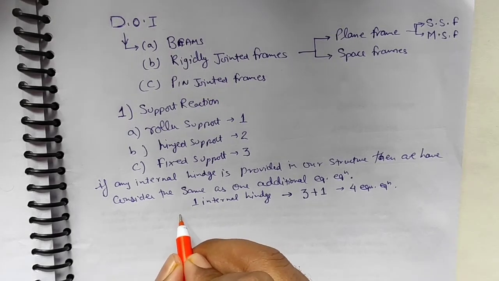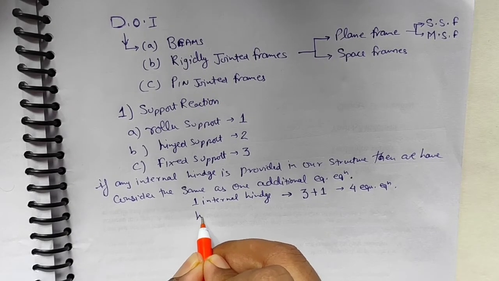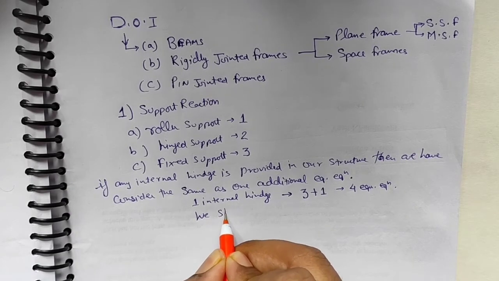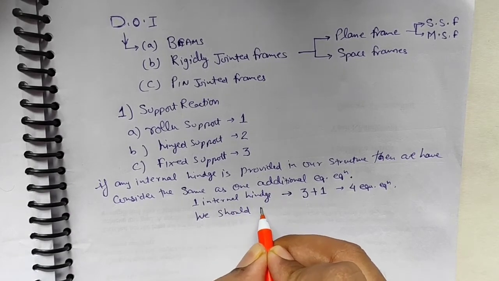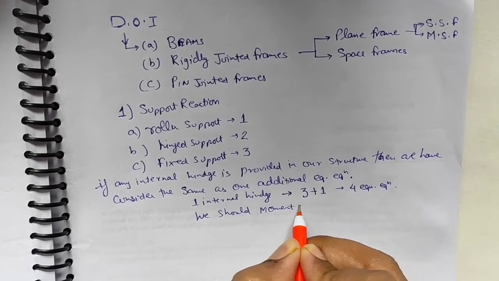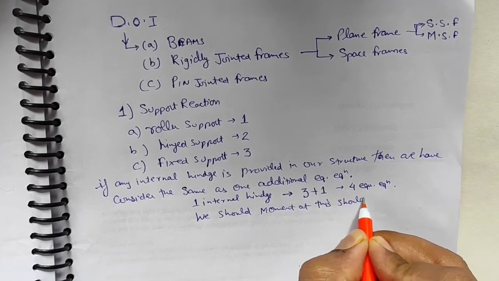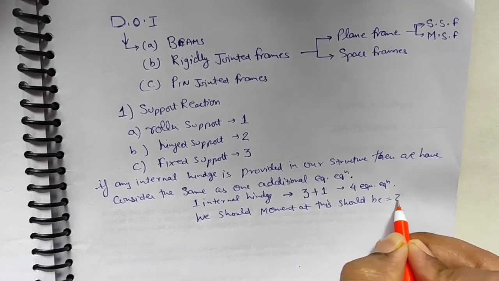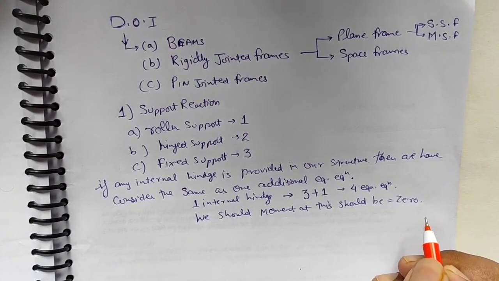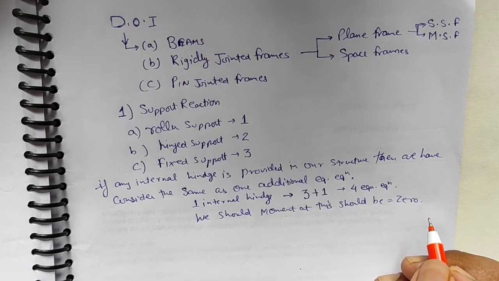And one more thing, we should consider that the moment at this hinge should be equal to 0. That means we only have to consider the equilibrium equation and take the moment at the hinge to be 0.